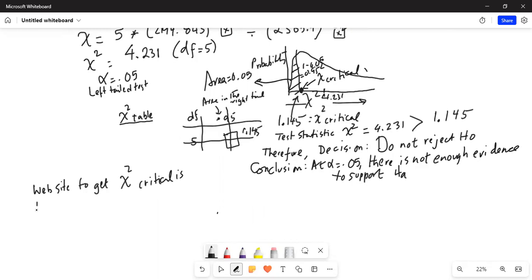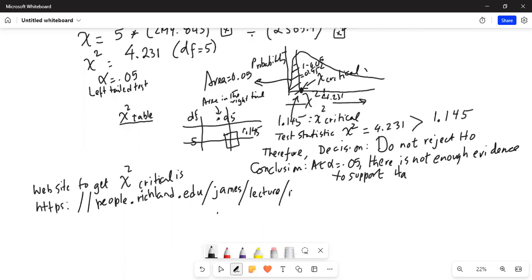It is https://people.richland.edu/james/lecture/m170/tbl-chi.html. James is the last name of the person who created this table, and M170 must be the course number.